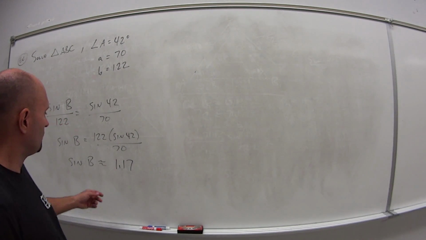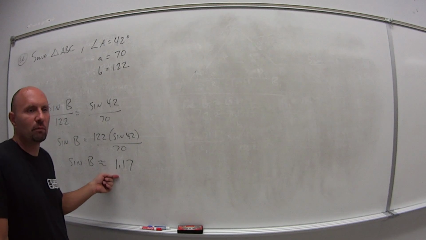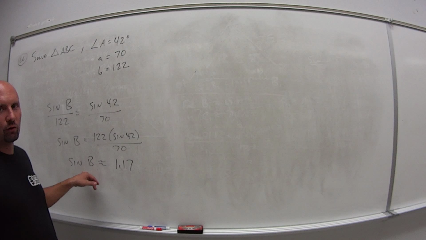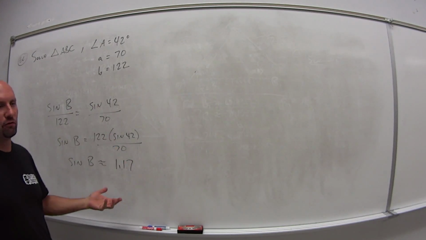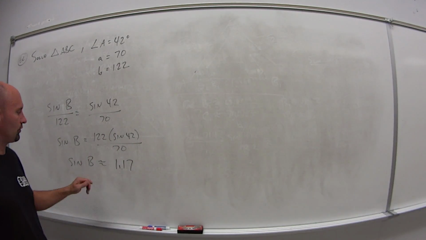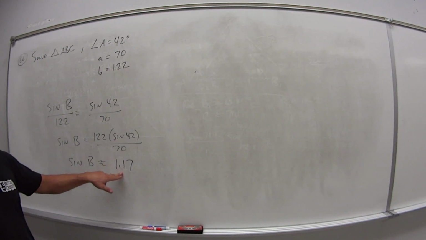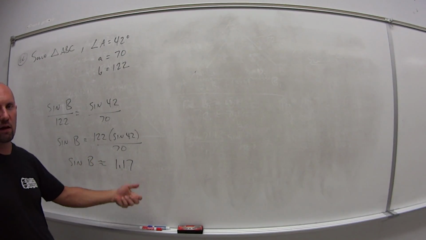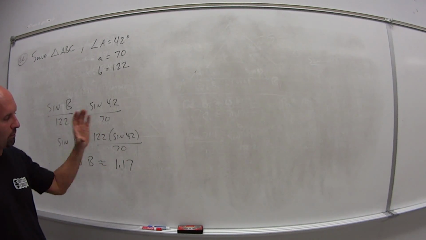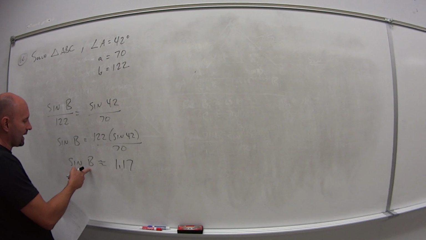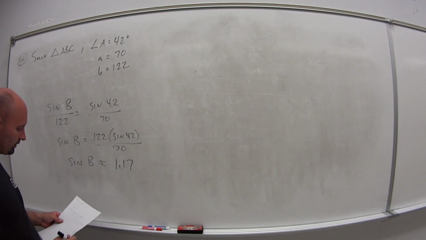Why? Well, we know that sine can never be more than 1. This goes back to the earlier sections where we were dealing with the inverse functions, sine inverse, cosine inverse. So it can't be more than 1, and if you put 1.17 on your calculator, hit inverse sine, it's going to come back with a big error message, which means we can't find an angle for B that makes this true.